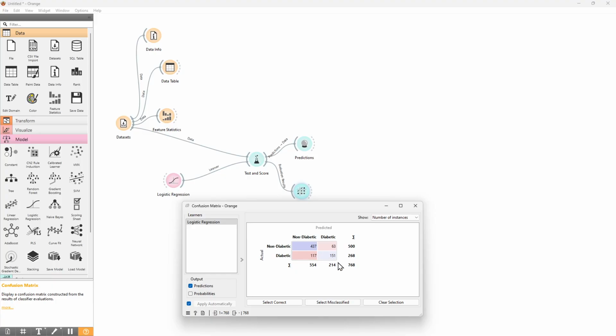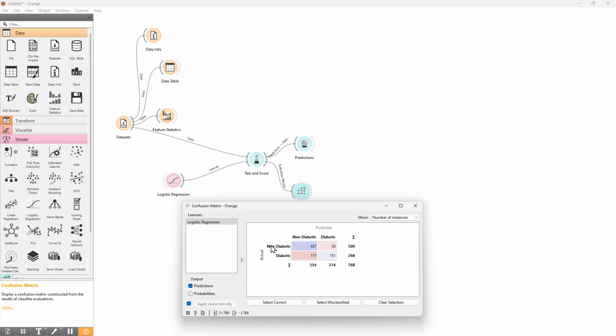If you add these two up and divide by the total of all the points, which is 768, you get the classification accuracy. This other diagonal is the error diagonal. These are the misclassifications. If you add this up and divide by 768, you will get the classification error, or misclassification error, of the model.